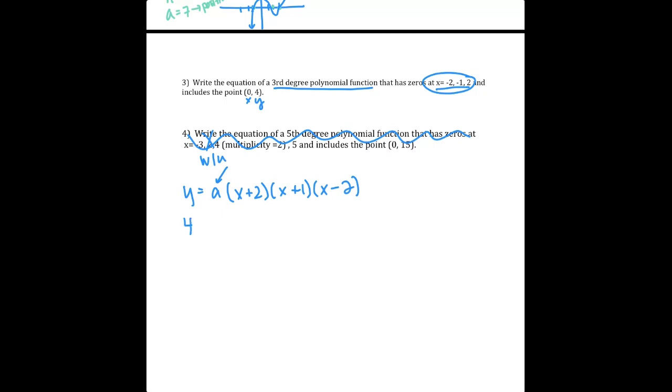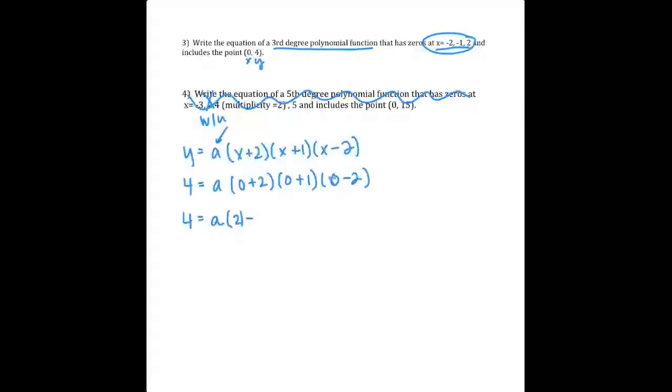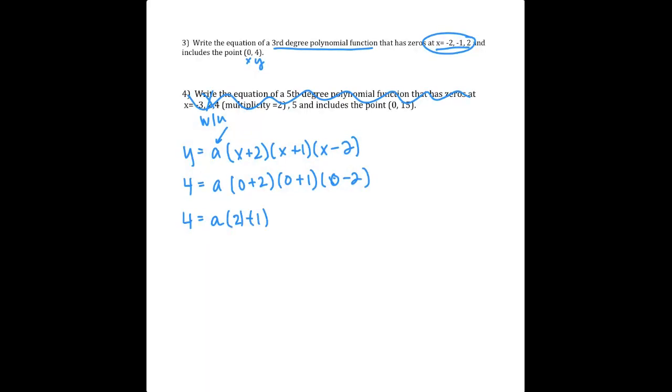So I'm plugging 4 is equal to a times 0 plus 2 times 0 plus 1 times 0 minus 2. So this is just like as if you're finding the a value of a parabola. Okay, so 4 is equal to a times 2 times 1 times -2.